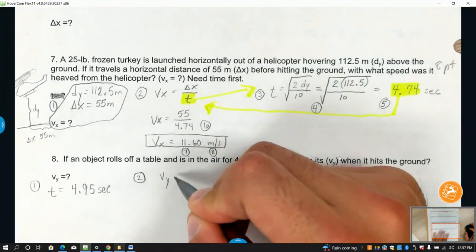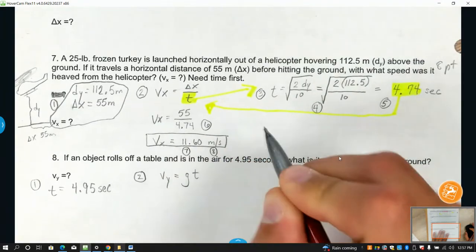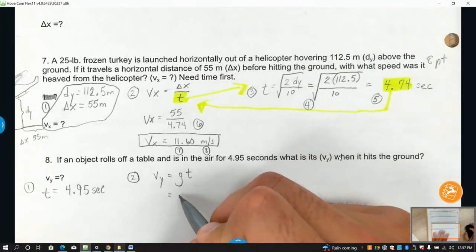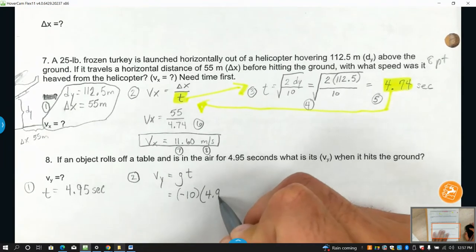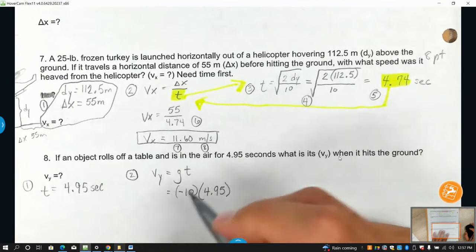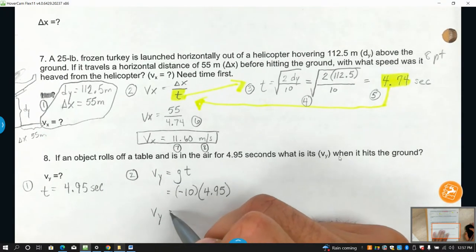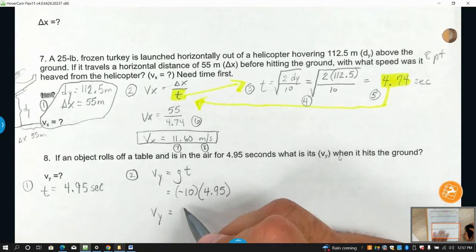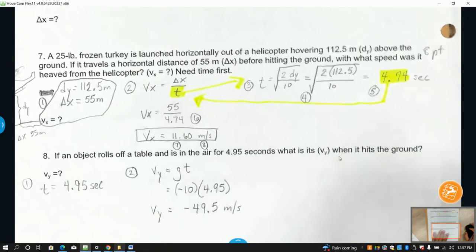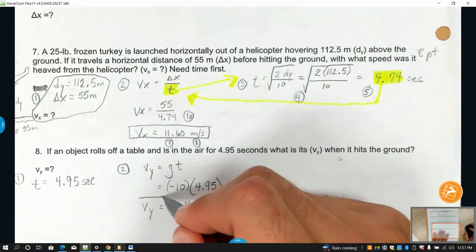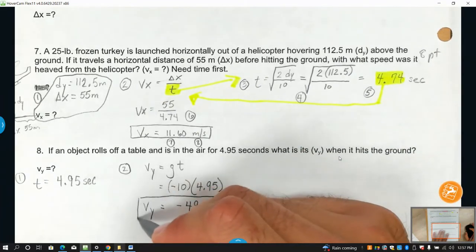So do we have our numbers? g is negative 10, t is 4.95, and then Vy is equal to negative 49.5 meters per second.